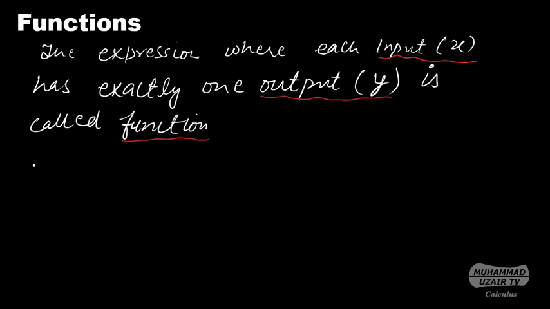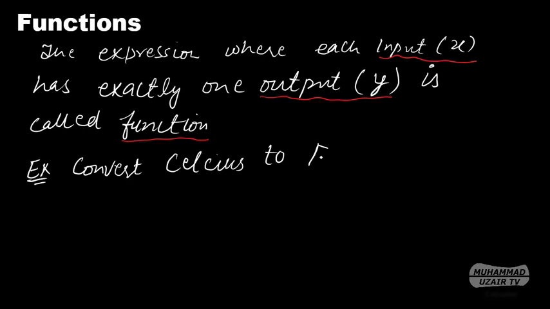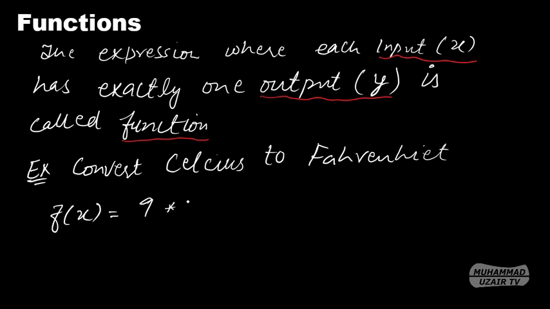To explain this concept, let's do an example. For example, we want to convert Celsius to Fahrenheit. So f of x is equal to 9 multiply x, whole divided by 5, plus 32.